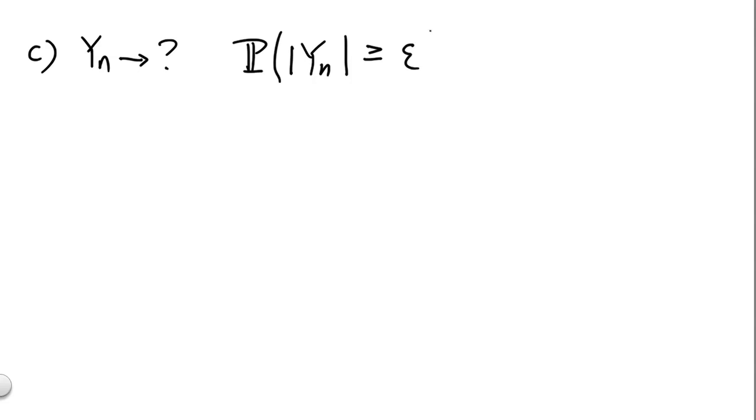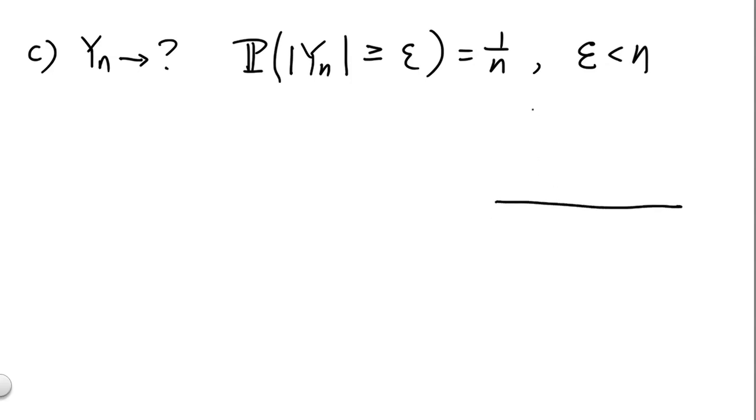Now going to part C, the question is, although we don't know anything about Yn from just the Chebyshev inequality, does Yn converge to anything at all? Well, it turns out it does. In fact, we don't have to go through anything more complicated than the distribution of Yn itself. From the distribution of Yn, we know that the probability that the absolute value of Yn is greater or equal to epsilon is equal to 1 over n whenever epsilon is less than n.